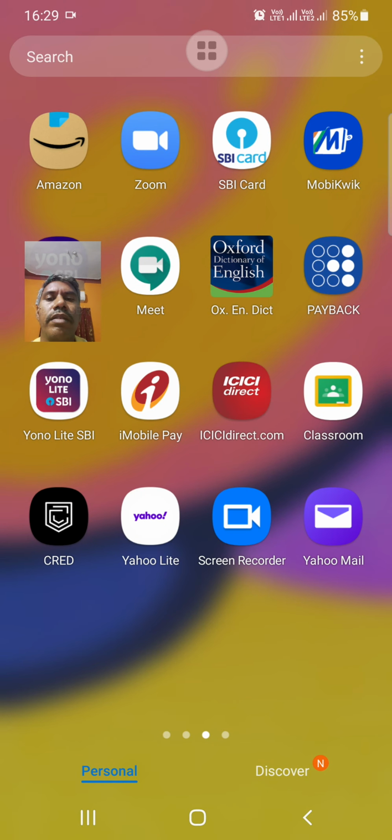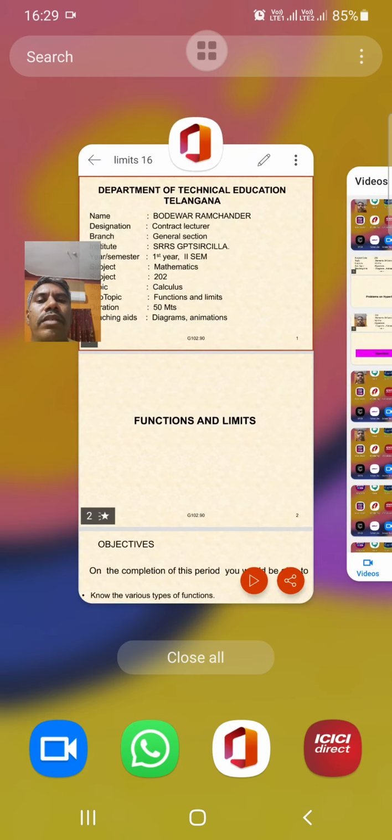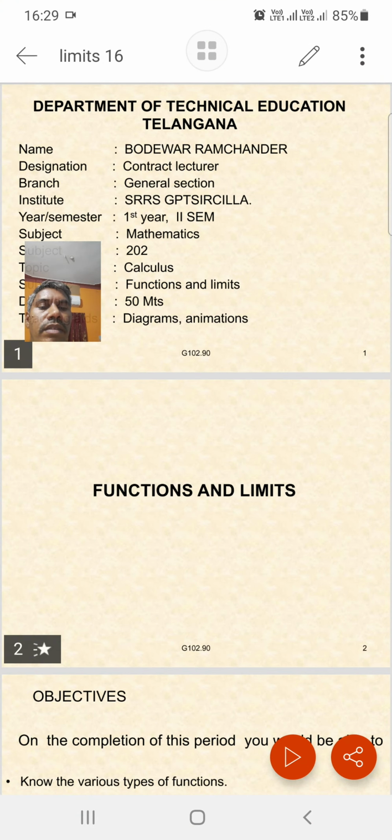Dear students, in previous class we discussed conic sections. In that, we discussed four topics and four chapters. Each topic contains one chapter.